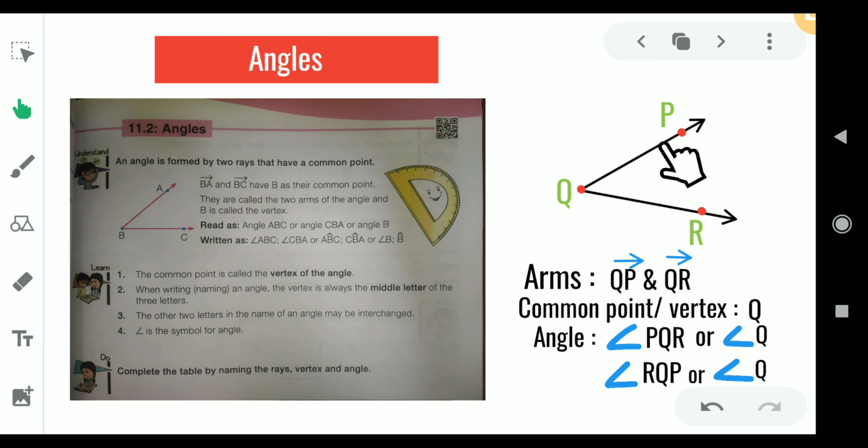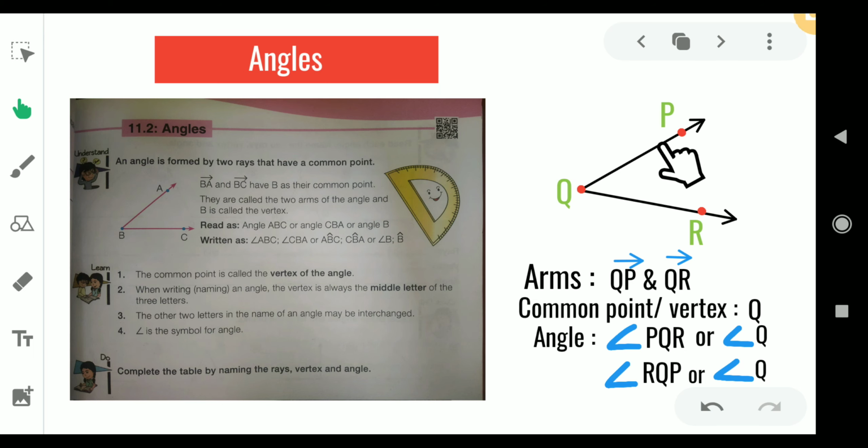Then how do we read this angle? It is so simple. In this example, it is angle PQR and we write it as angle PQR. As I said, the common point, that is Q, should be the middle letter of the three letters. Next, this PQR is also represented simply as angle Q, which means the same.